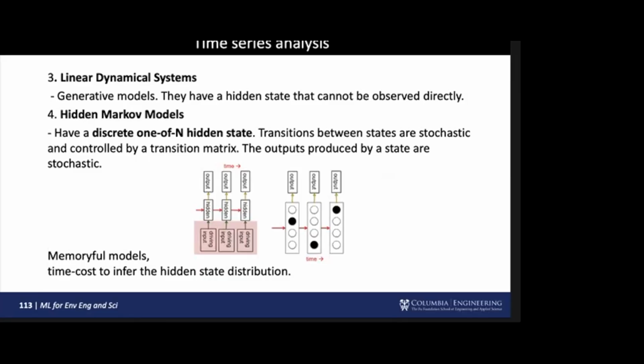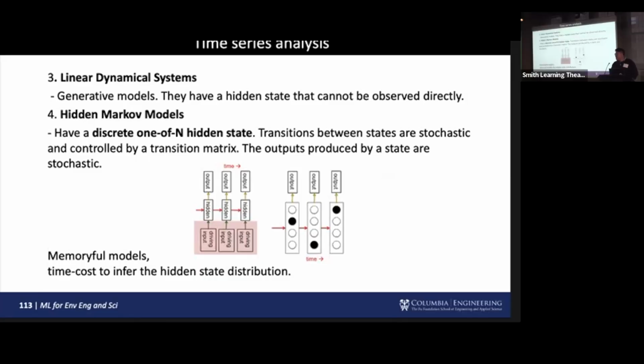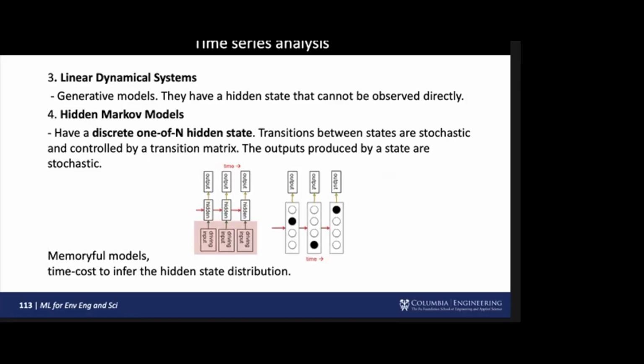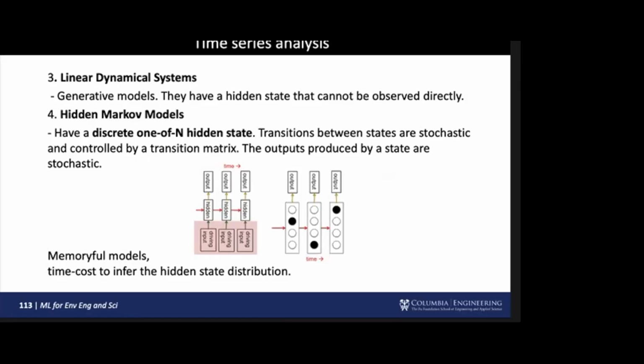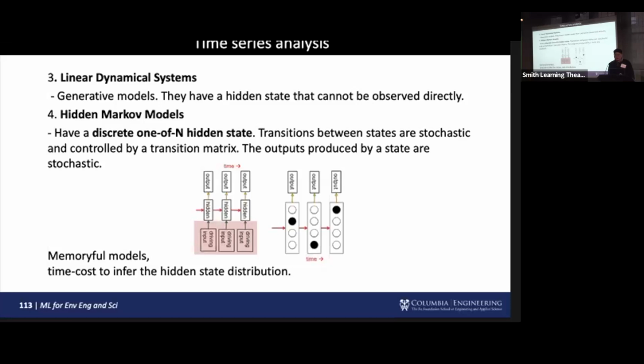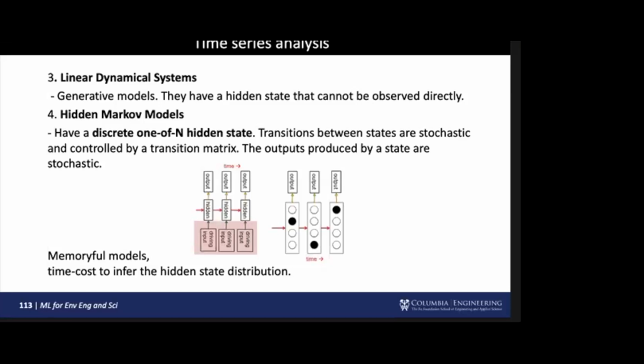These transitions and the outputs they produce are stochastic, which is just a fancy way of saying they involve randomness, determined by a probability distribution. While these are great for remembering context, they come with a high time cost when the model tries to figure out exactly what the hidden state is at any time point.